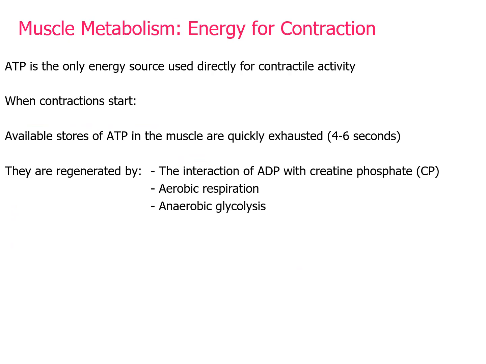So the only actual source of the energy for contracting muscle is ATP. Those stores of ATP in the muscle, as I said earlier, get exhausted in roughly 4 to 6 seconds. They can be regenerated.